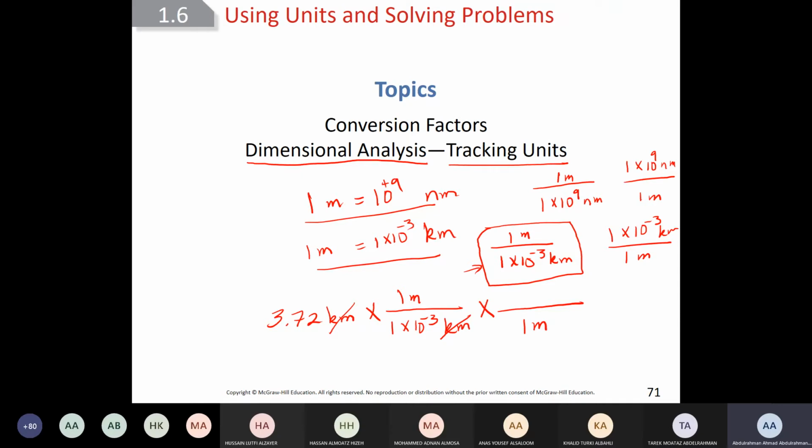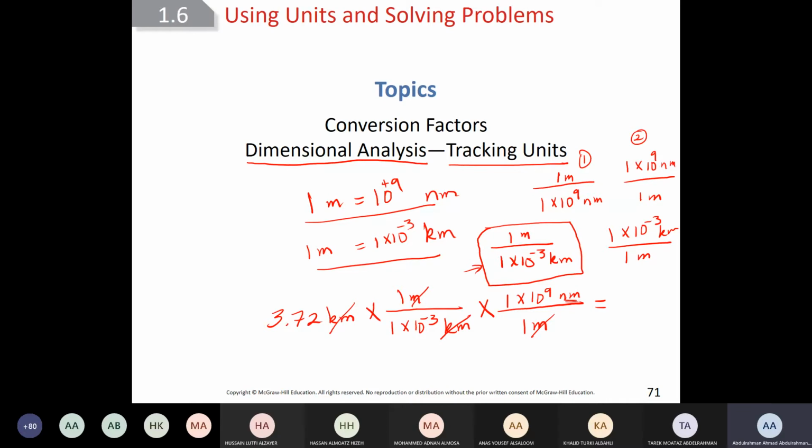So I will use which conversion? Conversion 1 or conversion 2? 2. I will put 1 meter here deliberately to get rid of meter with meter, and then this will be 1 times 10 to the power 9 nanometer. And you can see here, I got rid of all the units except nanometer.